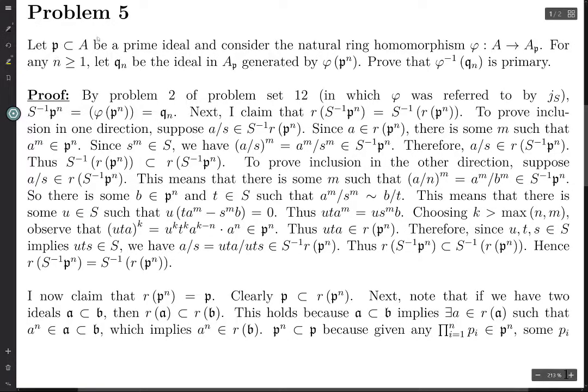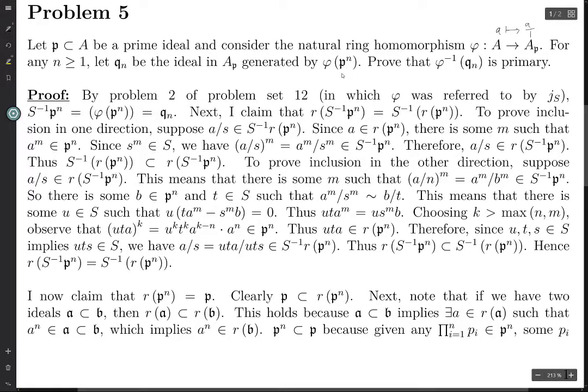Alright, suppose we have a prime ideal P, and we have the natural ring homomorphism, which sends an element a to a over 1. This is how we can naturally embed a ring A in the field of fractions, or the ring of fractions. Alright, so for any n greater than or equal to 1, let Qn be the ideal generated by P to the n.